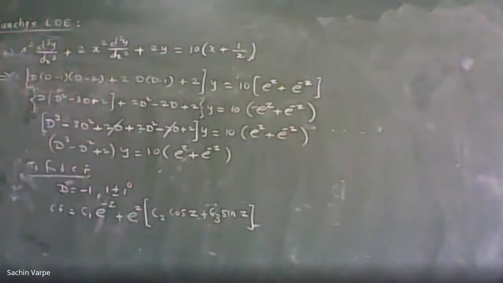Good. Thanks, Darshana. Okay, fine. So C1 e to the power minus z plus e to the power z into C2 cos z plus C3 sin z. 3 arbitrary constants.